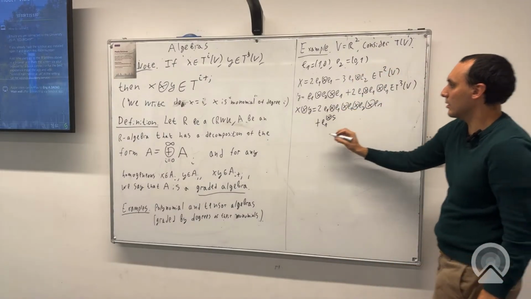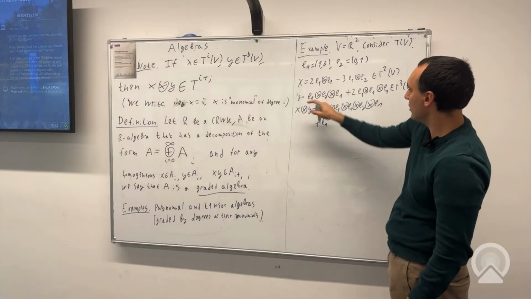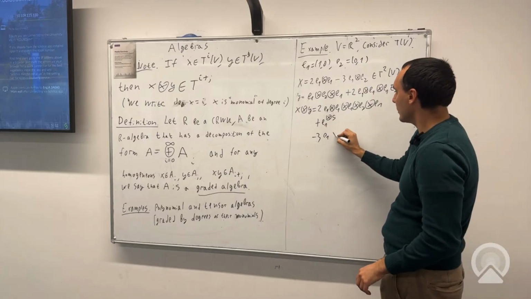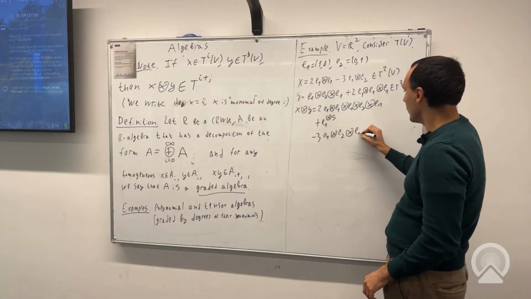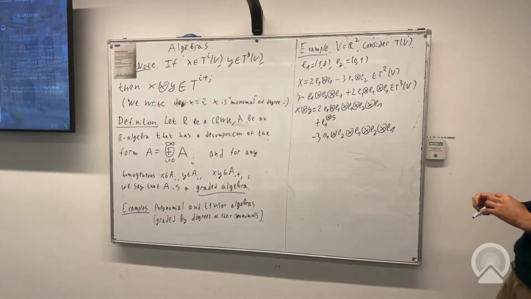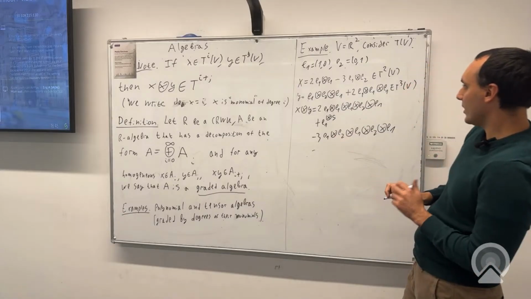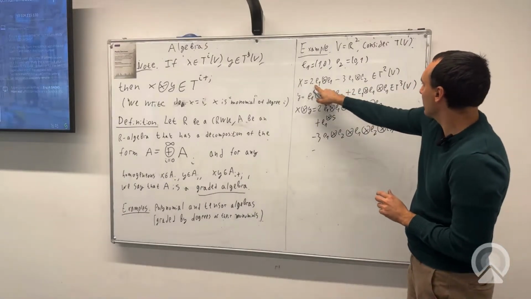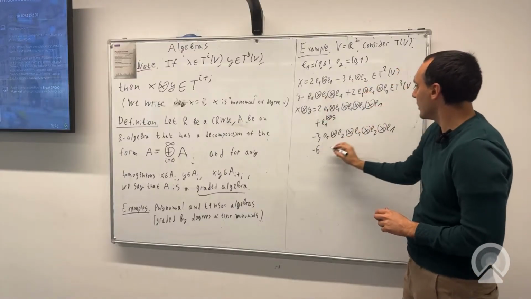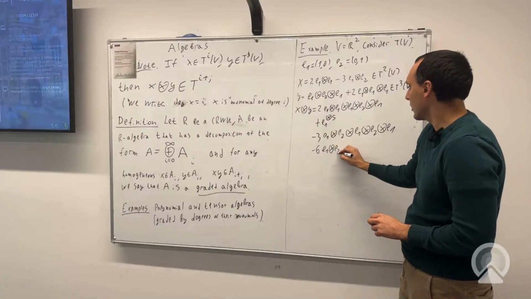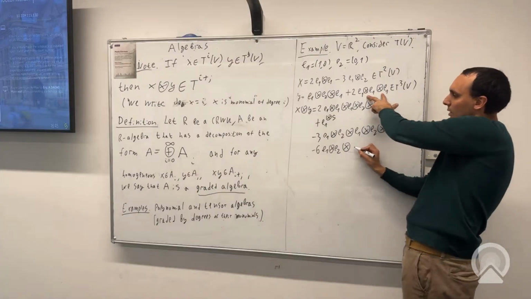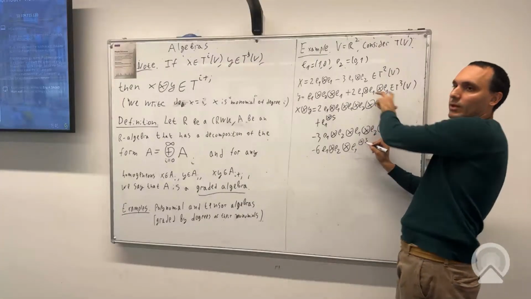And then I have minus 3 times E1 times E2 times E1 times E2 times E1, and then this by this, so this is minus 6 times E1 times E2, and again I could write E1 to the third power.